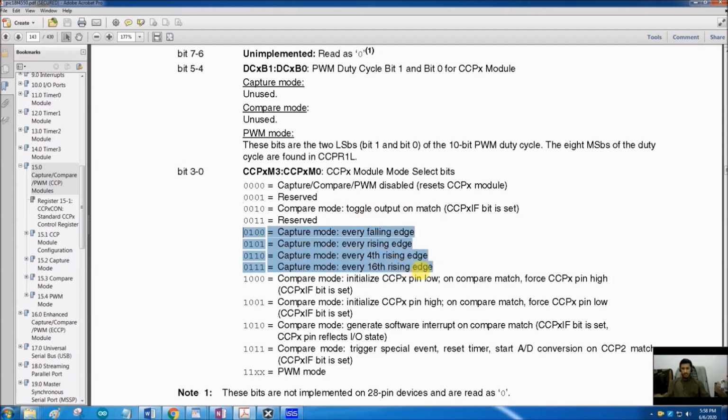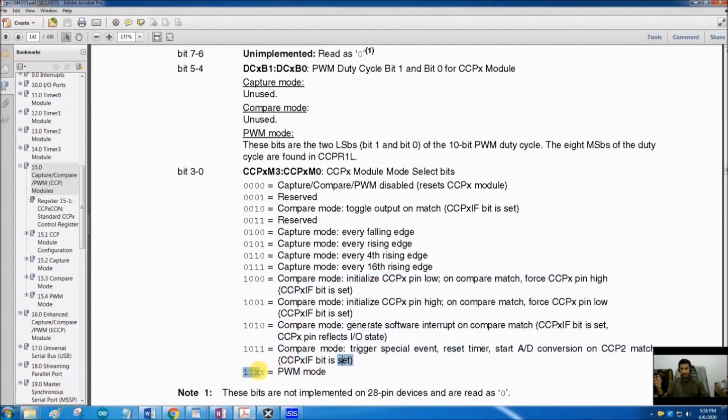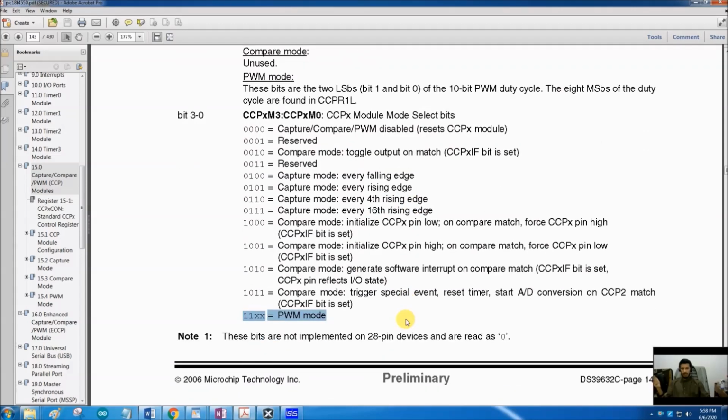Then the next 4 combinations configure this module in capture mode, and the next 4 configure it in compare mode, and finally 11xx configures this module in PWM mode. We will discuss all these modes one by one today.